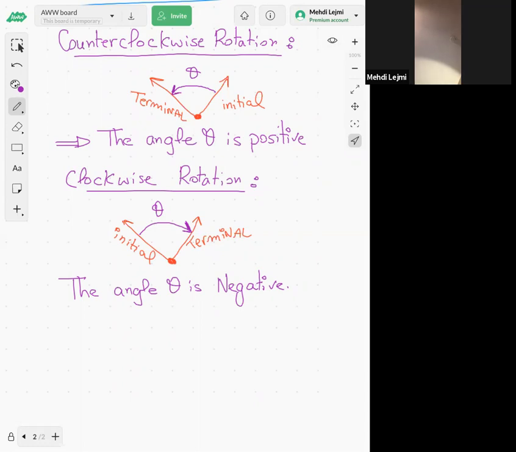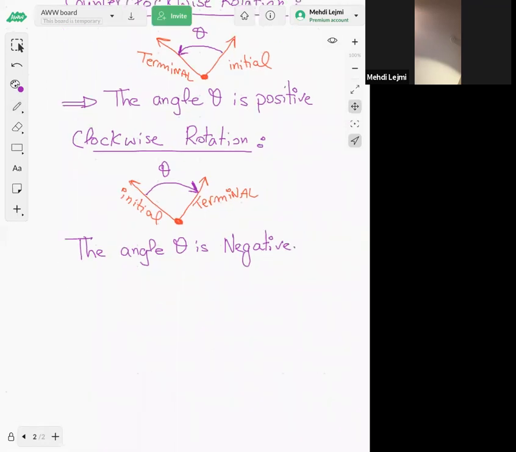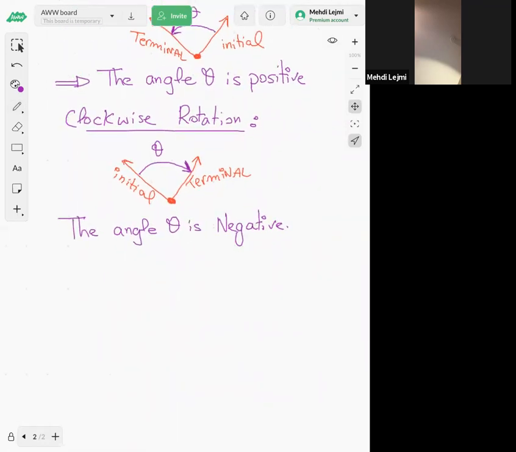All right. So next, we're going to try to measure the angles. There are two different units you can use to measure angles. You can use degrees or radians. Let me just talk about degrees and radians.